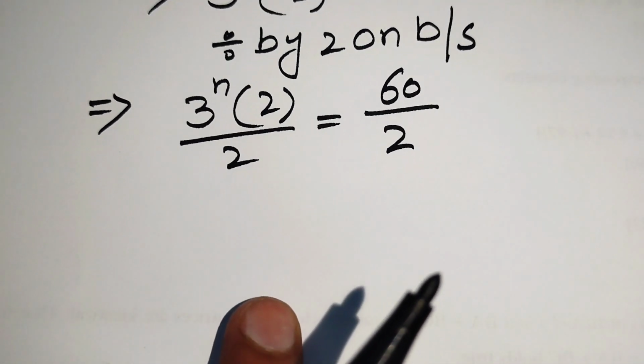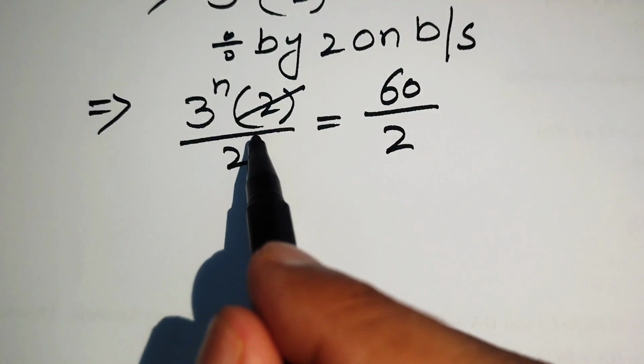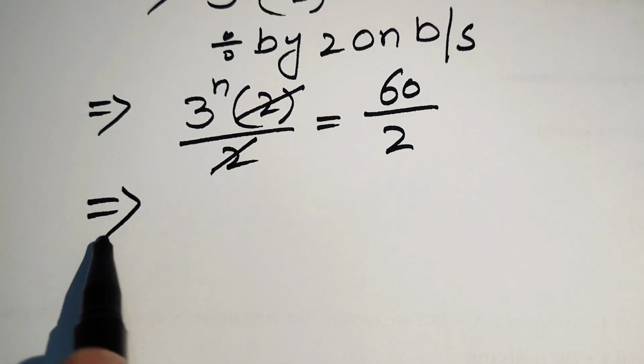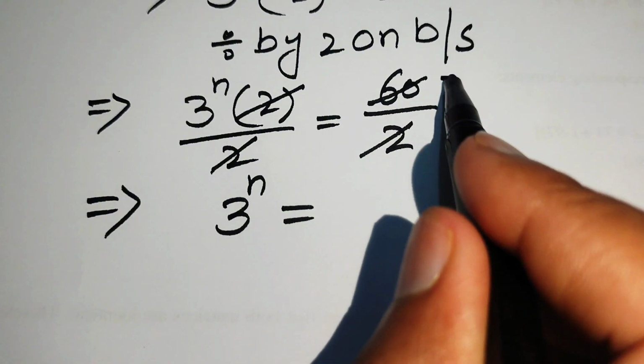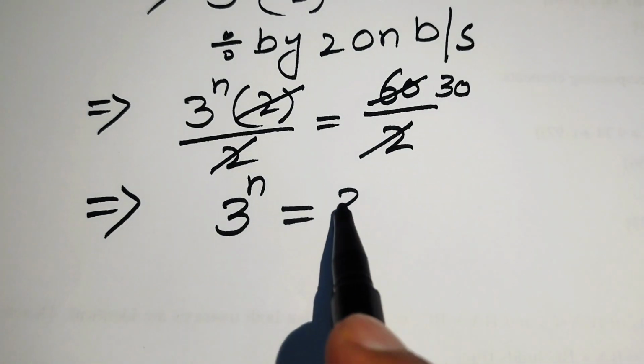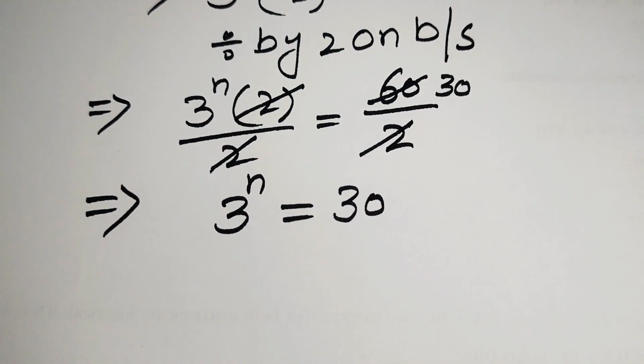With a little simplification, this 2 is cancelled out by this 2, and on the left hand side we get 3 to the power of n. On the right, 60 divided by 2 gives 30.